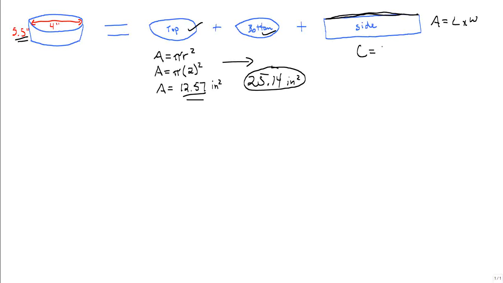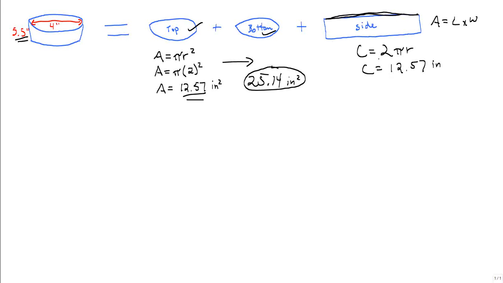The formula to find the circumference of a circle is 2 pi r. Now we'll just simply plug in the formula with the numbers, and we get 12.57 inches. Now this isn't inches squared because we're not finding surface area, we're just finding one side of a two-dimensional object.